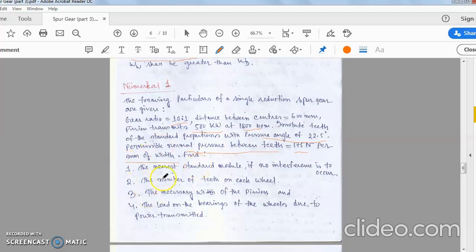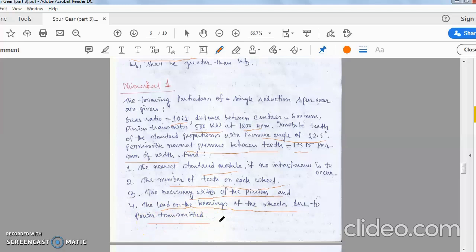What you will have to find out is the nearest standard module, that means the value of M. The number of teeth on each wheel, that means TG and TP. The necessary width of the pinion, that means B. And the load on the bearings of the wheels due to the power transmitted.